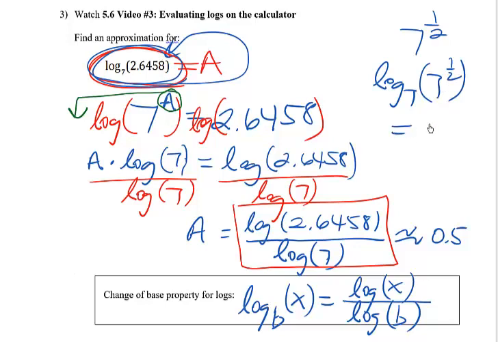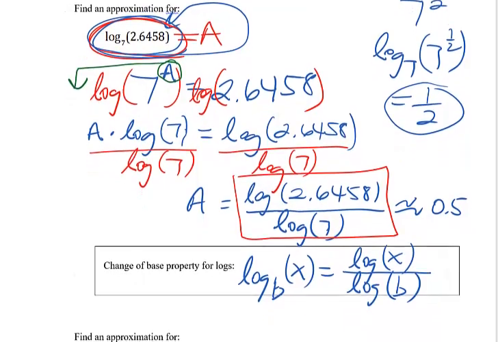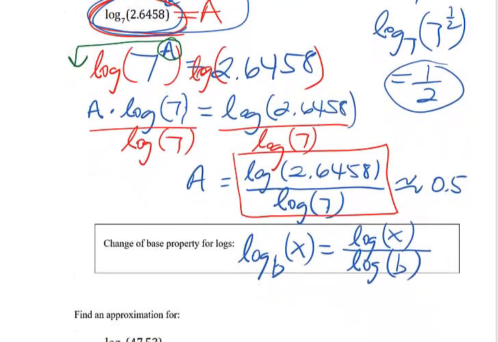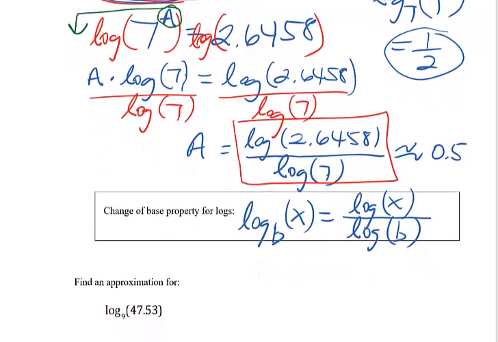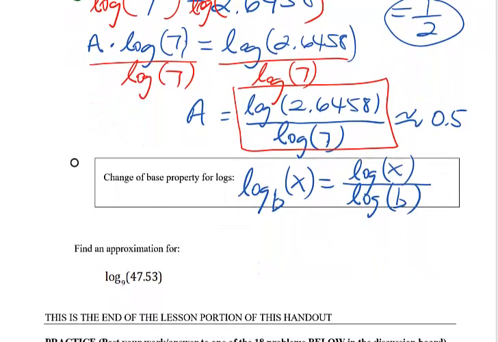This is very, very easy. This means what power do I put on top of 7 to get 7 to the 1/2? Well, obviously, that would be a power of 1/2. 7 to the 1/2 equals 7 to the 1/2. So that's why the calculator is telling us 0.5. The great thing about the change of base property, though, is even when I have no possible way of working these things out by hand, I now have a very, very simple way to work them out on the calculator.